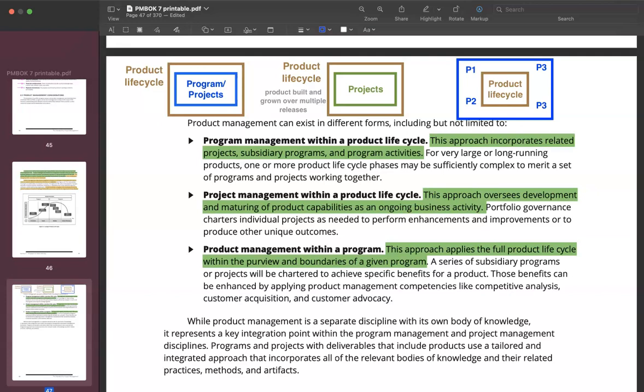That is a product that would be built over many years, right? So you can have multiple programs that would result in building that particular product, if we consider the highway to be a product. So essentially the product life cycle of the transnational highway exists within multiple programs and projects that would be carried out over many years.